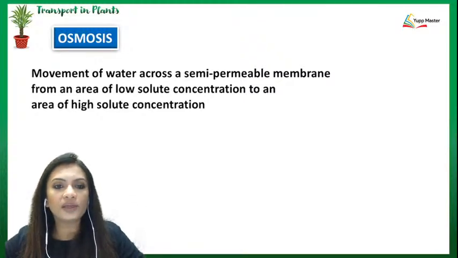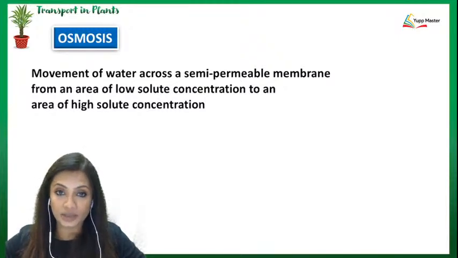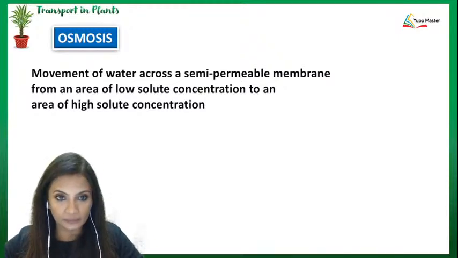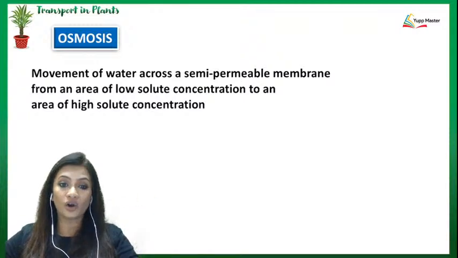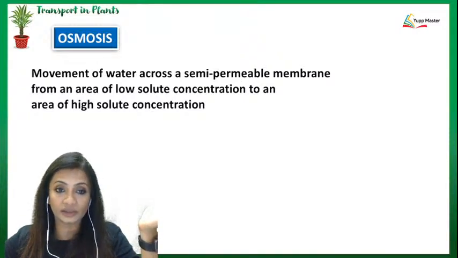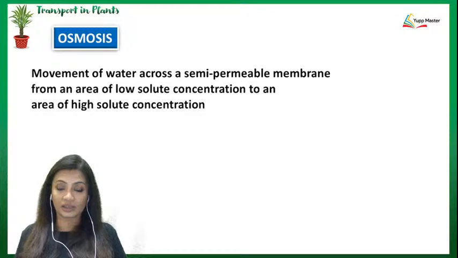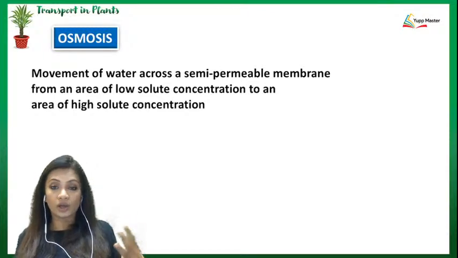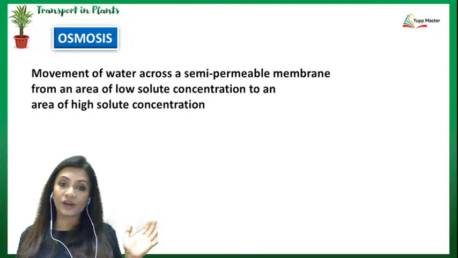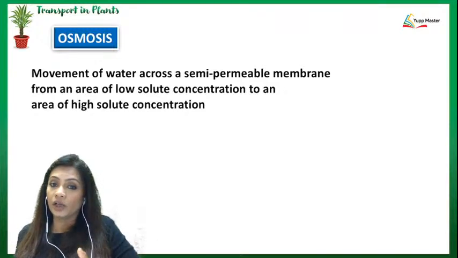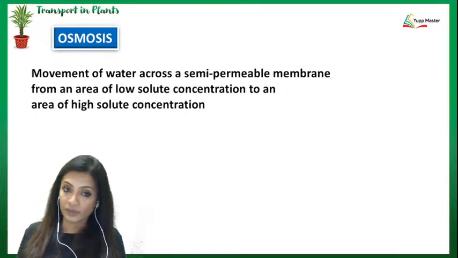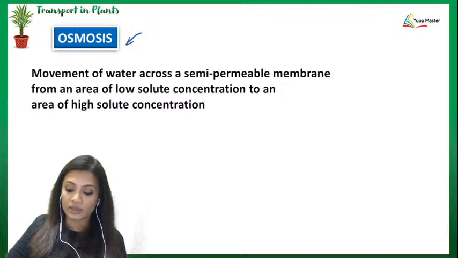Osmosis: movement of water across a semi-permeable membrane from an area of low solute concentration. Now look at what's written here. We know that we're always talking about moving from high concentration to low concentration, correct? And what are we talking about when we talk about osmosis? We are talking about water.